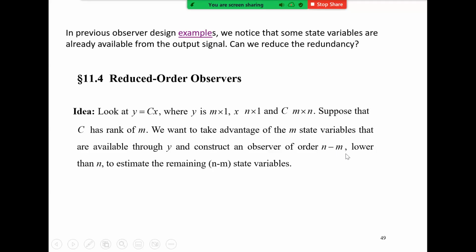The motivation is, since we already know those m output signals, we want to use them, and we only need to estimate the remaining n minus m variables. Like the case in the previous design, we have two state variables, x1 and x2. We don't need to estimate both of them because x2 is already available through the output.